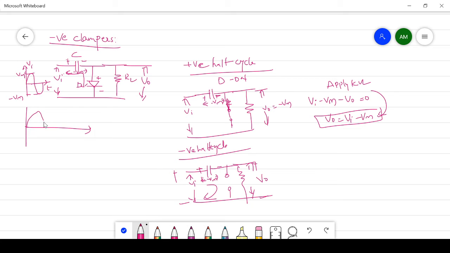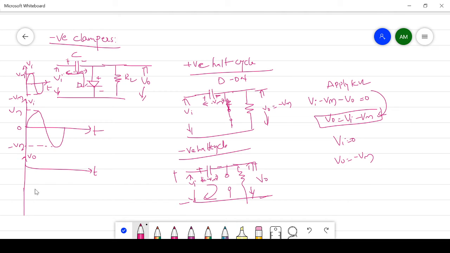See here, this is the actual input signal, Vm, minus Vm. So what is the output signal? This one is the input signal. When input voltage is 0, V0 is equal to minus Vm.